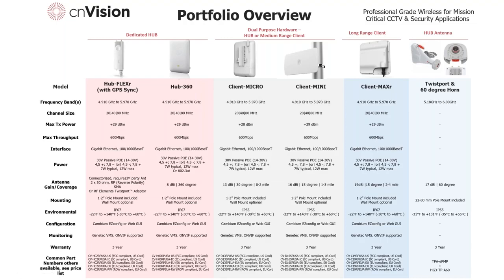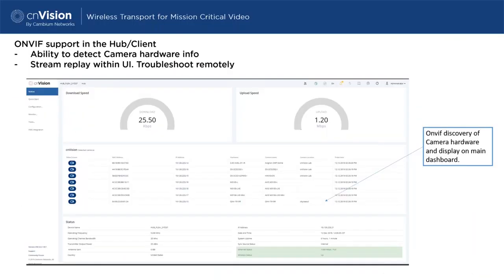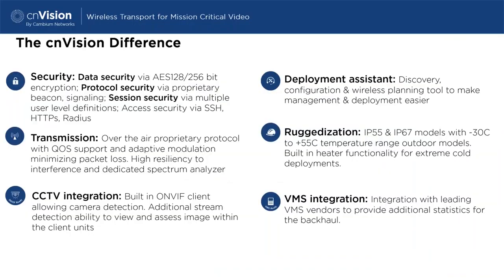Moving ahead, I will go back to a little bit of the feature set. What makes cnVision different and unique in the industry? First and foremost, security is a big concern for us. We appreciate the fact that if you haven't done wireless, or if you are just getting into wireless, you read all sorts of articles about Wi-Fi getting hacked or cameras getting hacked, et cetera. What I wanted to highlight here is the cnVision.